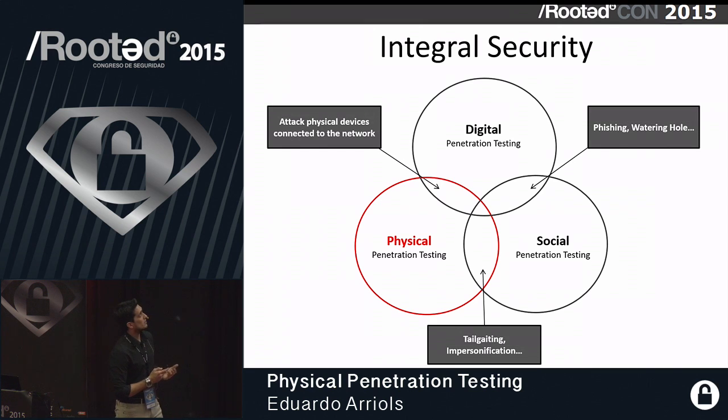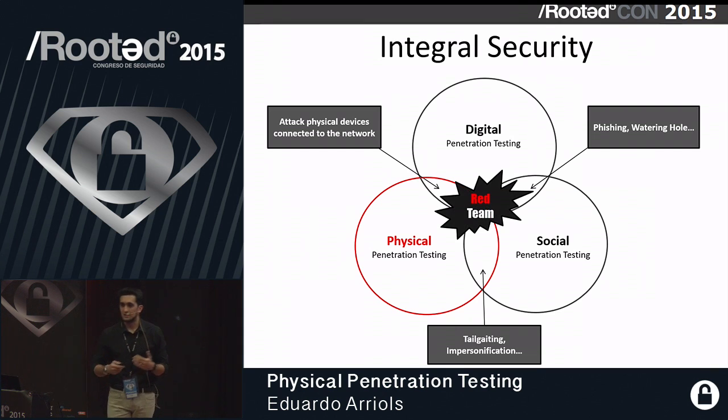If you check all these aspects separately, many attacks will be out of the scope, will not be reached. Sometimes you just don't check the access control. All that is a part of the security which is in between physical and digital. And that's why it is so important to carry out red team exercises.